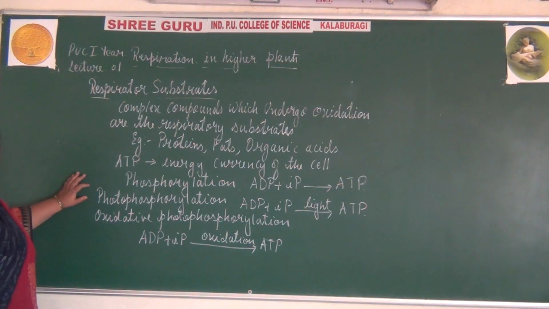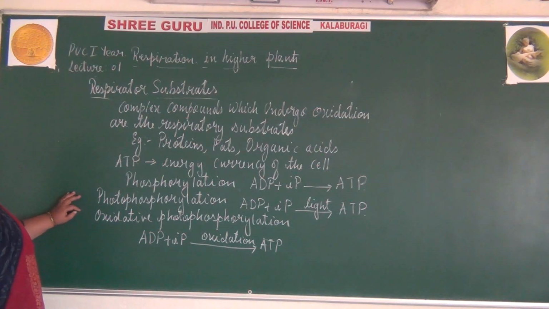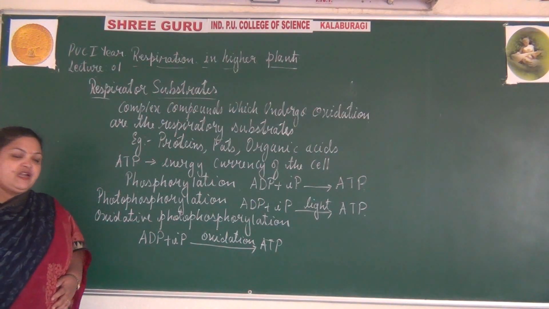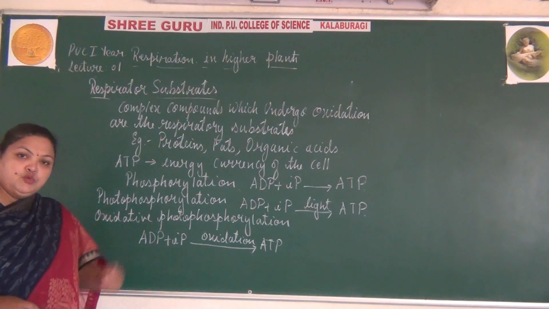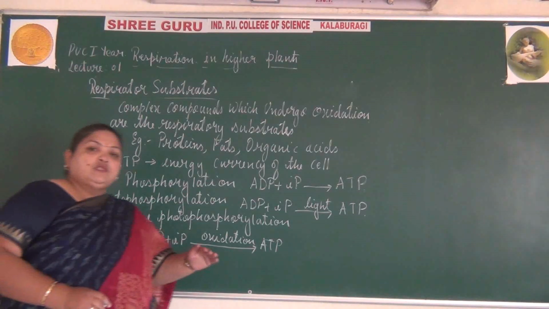So here synthesis of ATP occurs in three ways. One, a simple phosphorylation process. In photosynthesis, in the presence of light, it is photophosphorylation, and during respiration, that is oxidative phosphorylation.